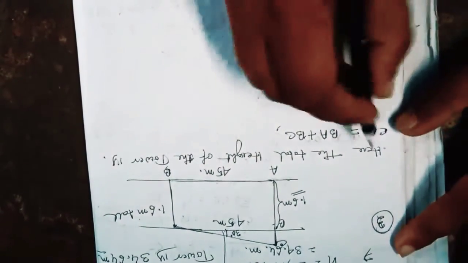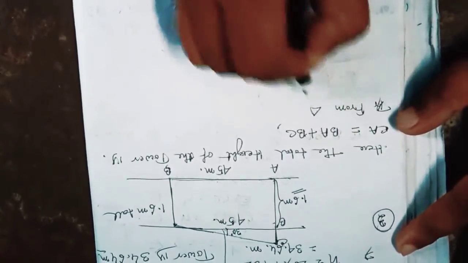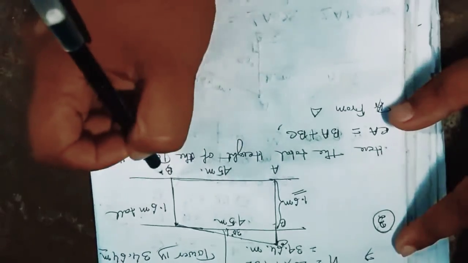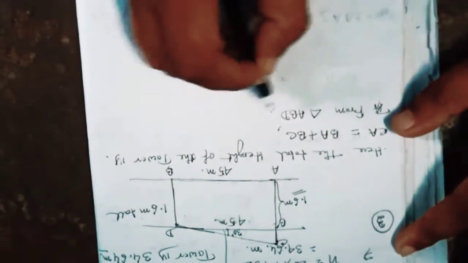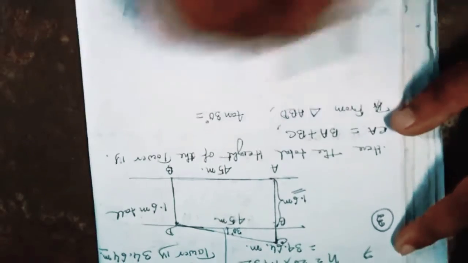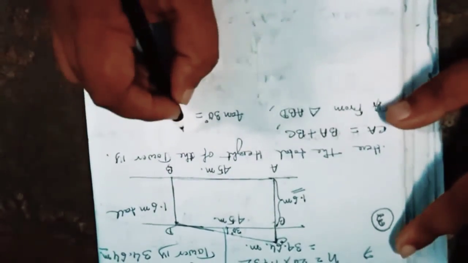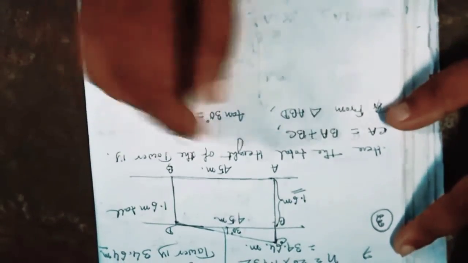Now from triangle ABD, I am writing AB, this is D here. From triangle ABD, tan 30 degrees is equal to BC by BD.